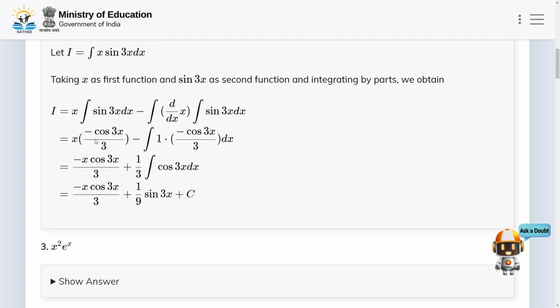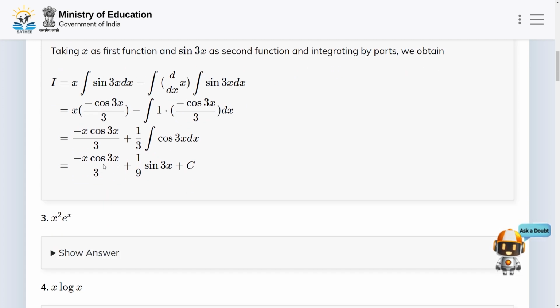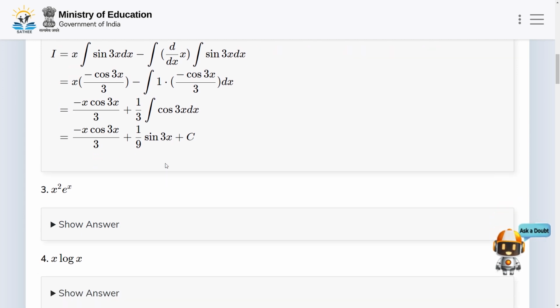This means x times minus cos 3x divided by 3, minus the integration of 1 multiplied with minus cos 3x divided by 3 dx. Now minus x cos 3x divided by 3 plus 1 by 3 integration of cos 3x dx. This means minus x cos 3x divided by 3 plus 1 by 9 sin 3x plus c.